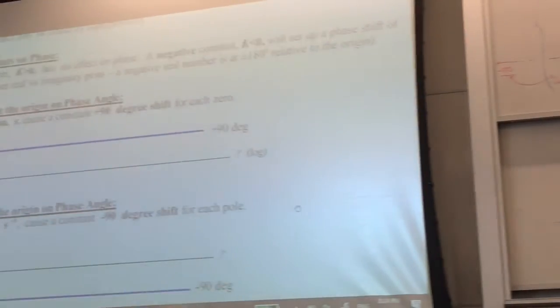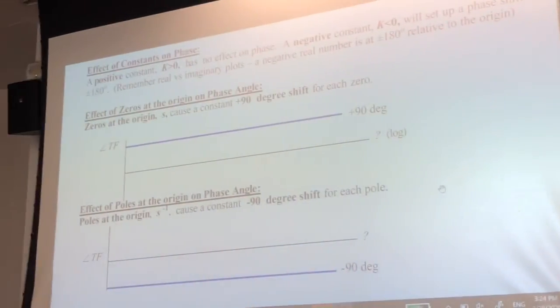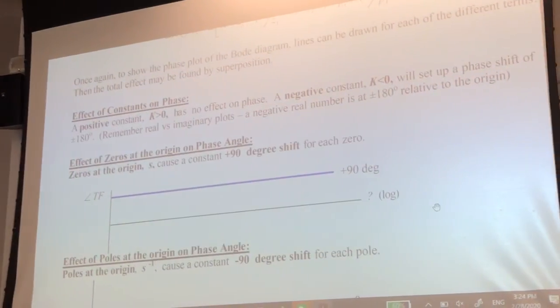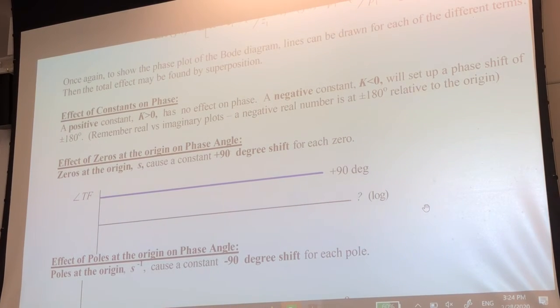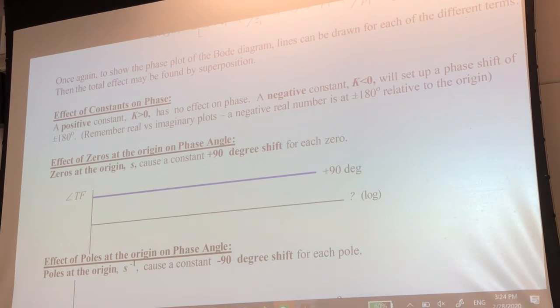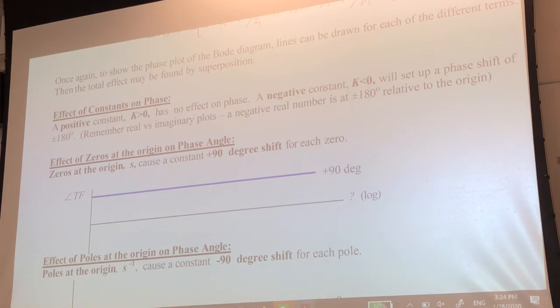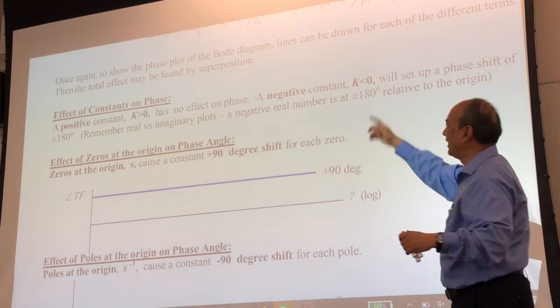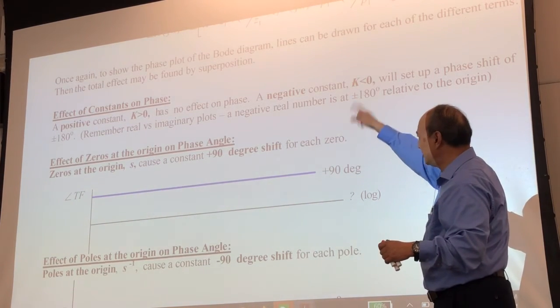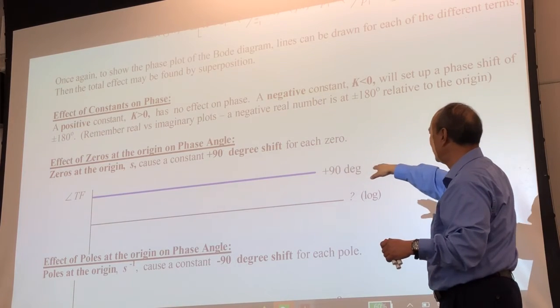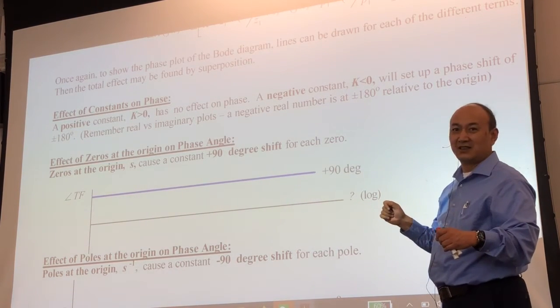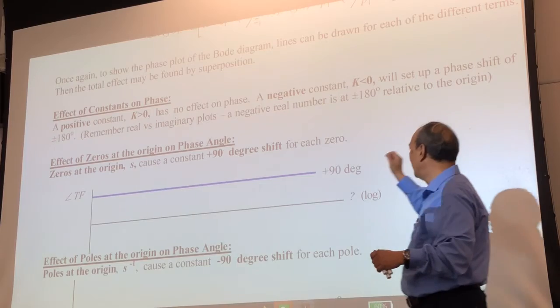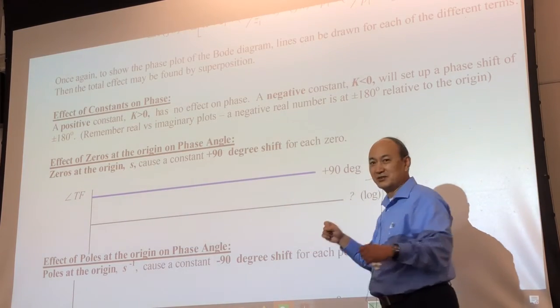If you have a constant, the phase is 0. If you have a zero at the origin, meaning you have an s in the numerator, s divided by something, then you have a constant, okay? And it's 90 degrees.